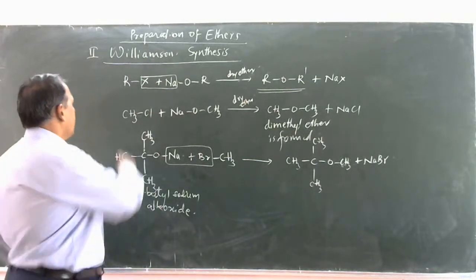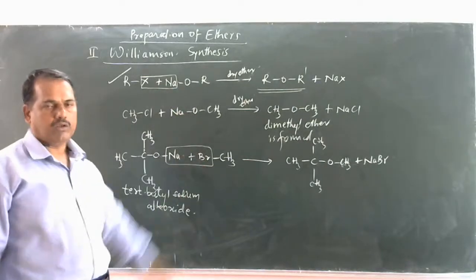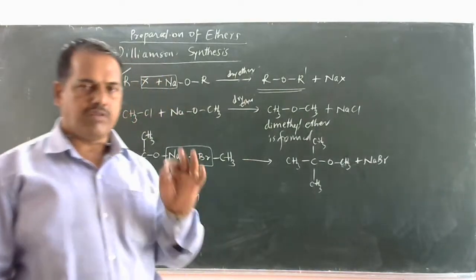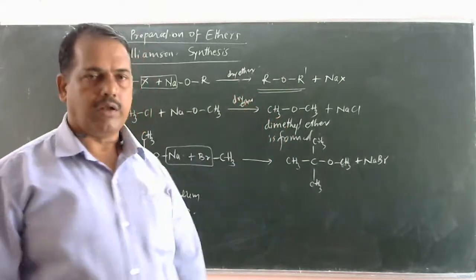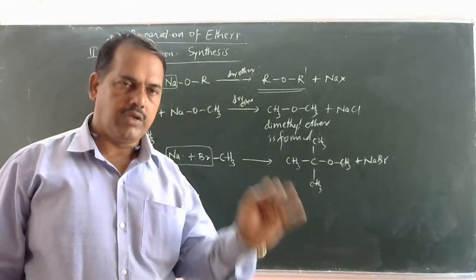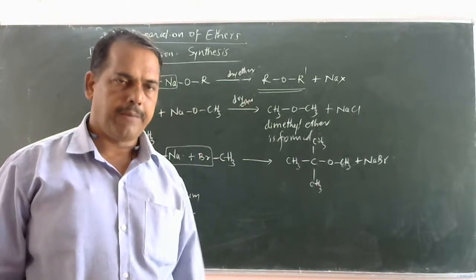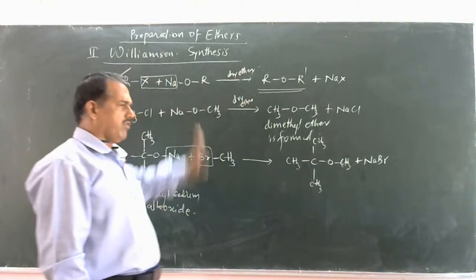Are you clear? So, concentrate: when alkyl halide reacts with sodium alkoxide in the presence of dry ether, ethers are obtained, and this reaction is called Williamson's ether synthesis. Okay, so only 2 important syntheses you have to study.